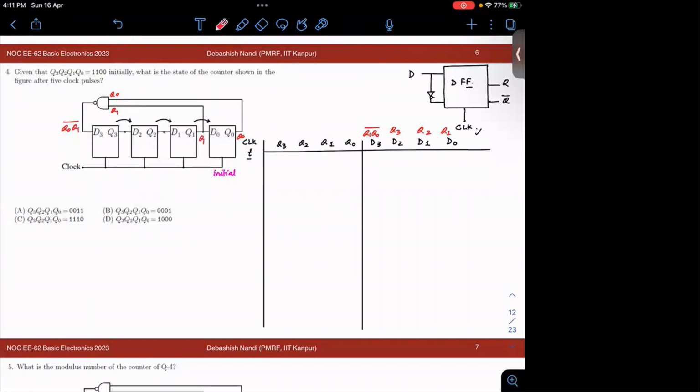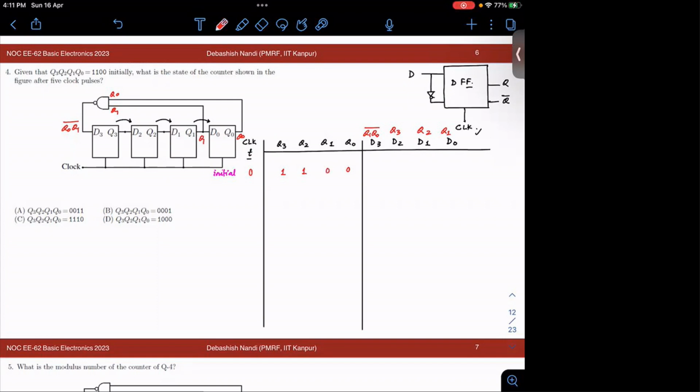Initially, if your clock is 0, fine. So what was your initial state? 1100 was your initial state.